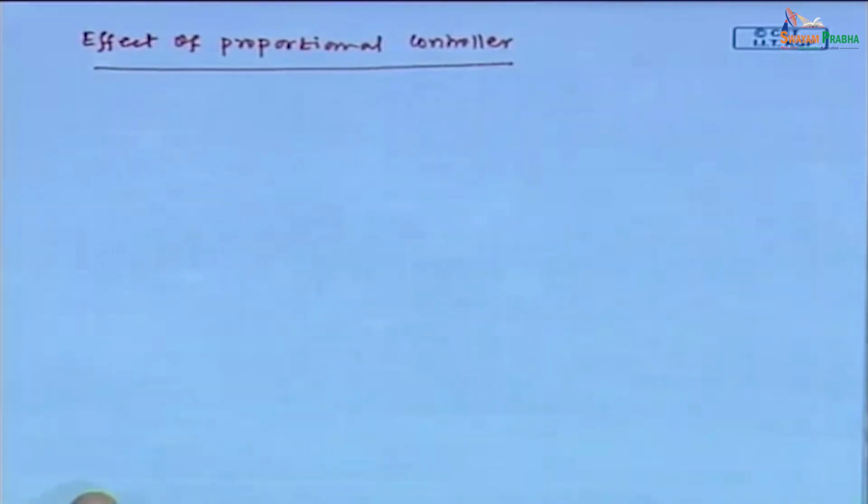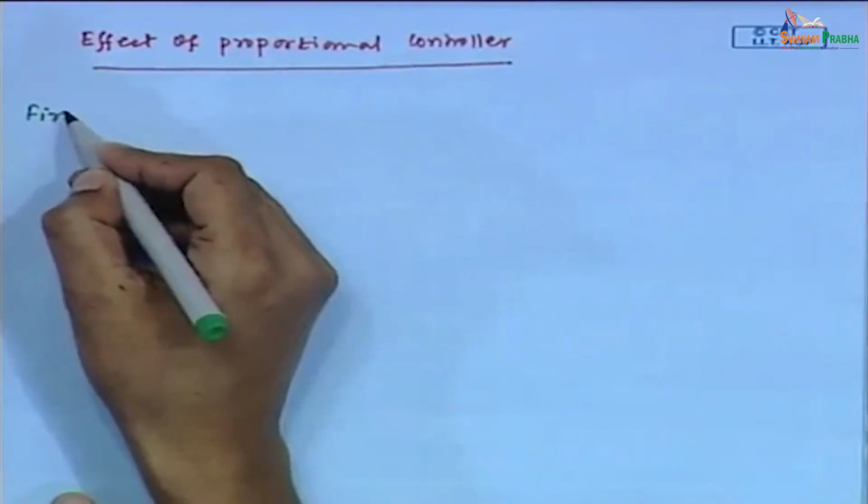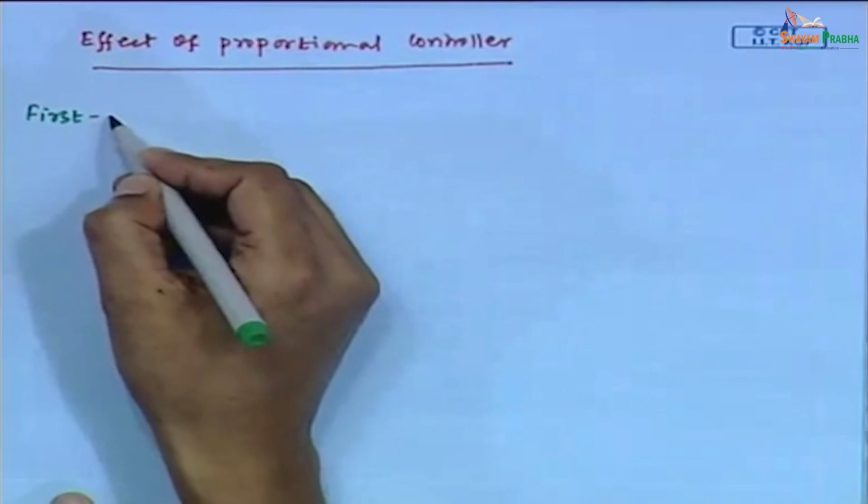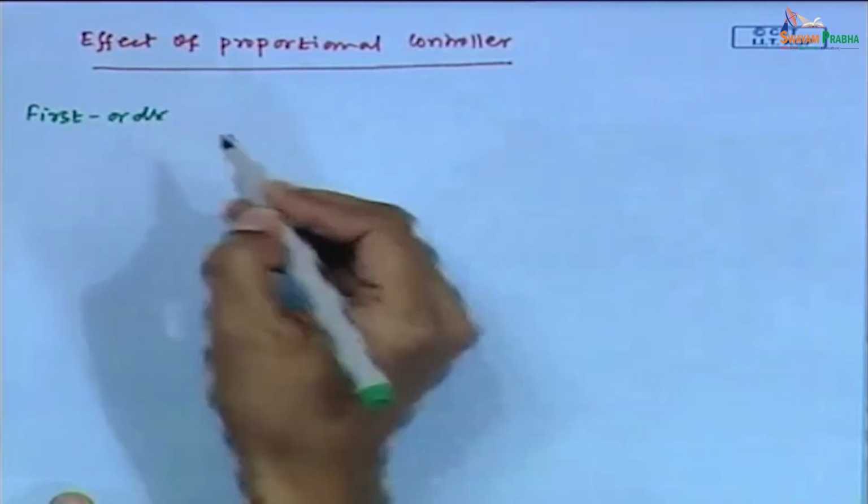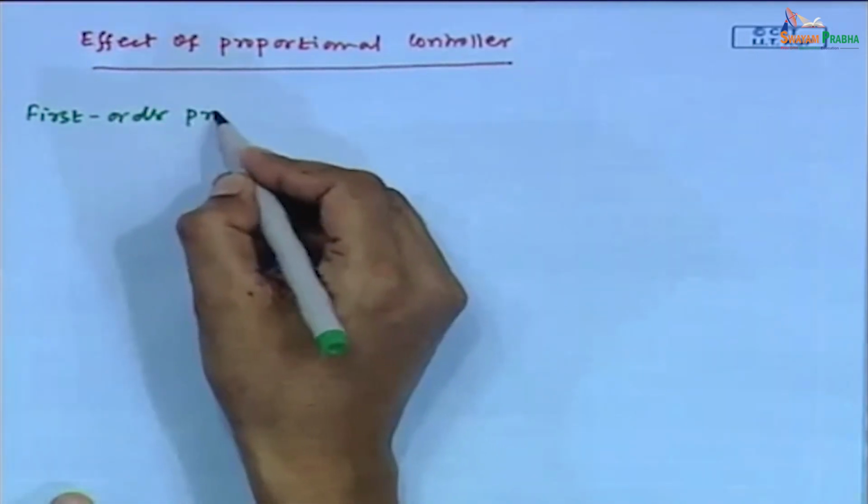And the effect of proportional controller we will observe first for the first order system and then for the second order system. So, initially we will discuss the effect of proportional controller for the first order process.